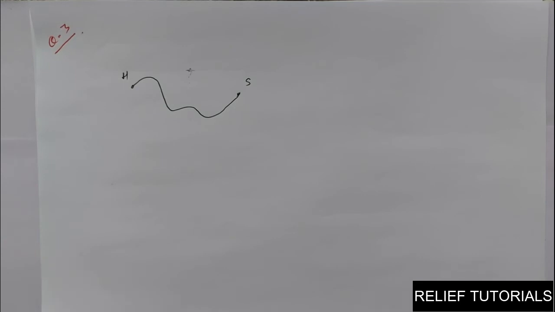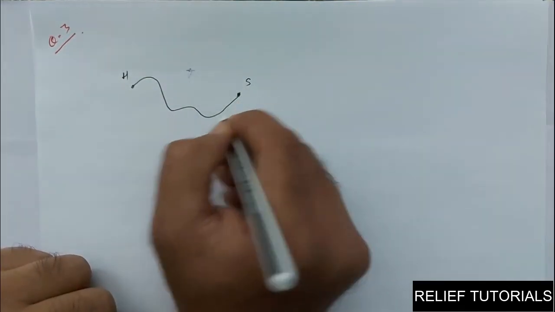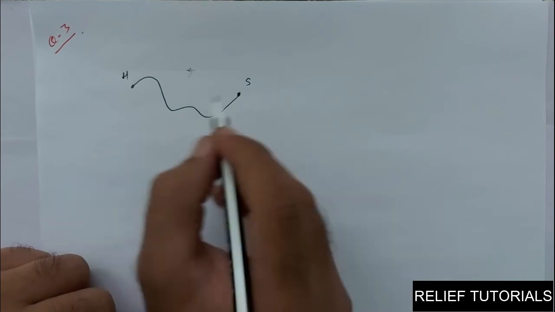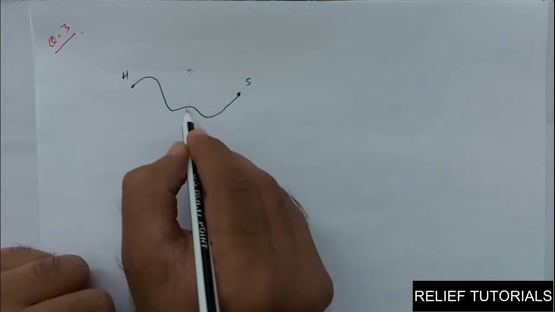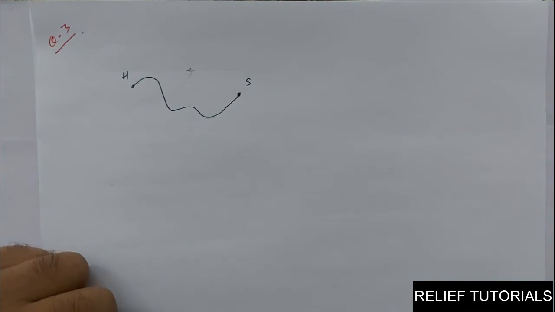On his return trip, look at the question, on his return trip along the same route. So return trip means again coming back from school to home. So he is following the same route, and while returning back, traffic was less. So he comes somewhat faster, and the speed he noted is 40 km per hour.